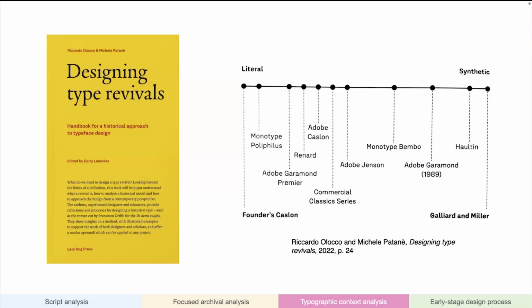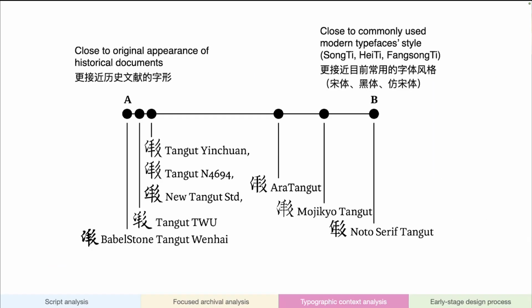Inspired by the diagram in the book Designing Type Revivals, which has a spectrum with one end literal and the other aesthetic, and places Latin typefaces along this axis, I also made a Tangut version. One end is close to the original appearance of historical documents, and the other end is close to commonly used contemporary typeface styles.